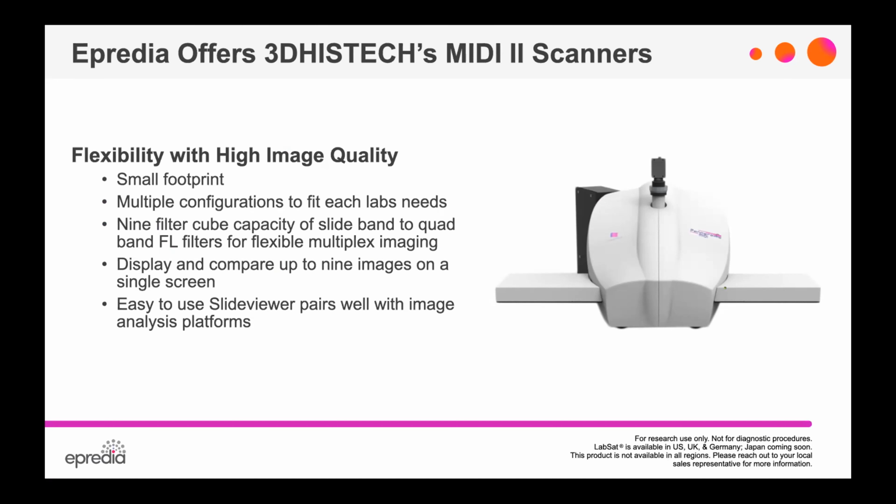The light engines on here are specifically designed to pick up based on the different immunofluorescent multiplex panels that are on the market. And there's plenty of space on the turret for 9 filter cubes.